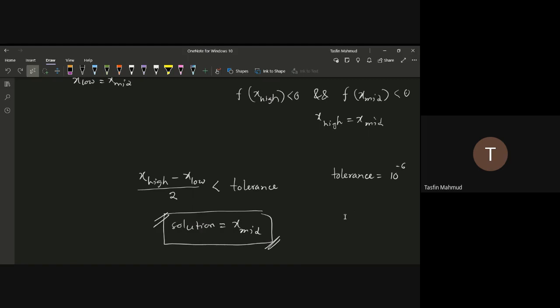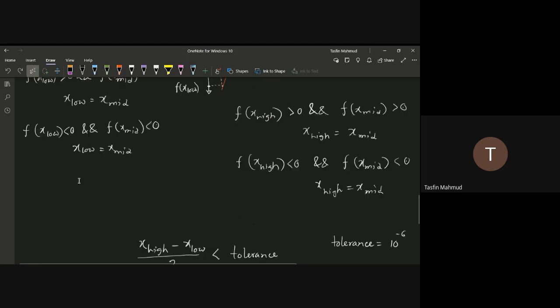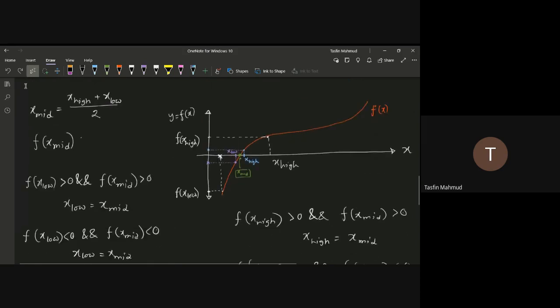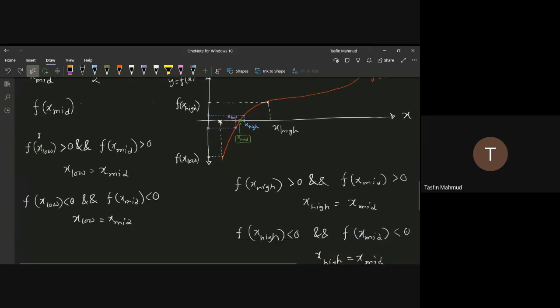সহজভাবে যদি আমি বলতে চাই। সো বটম লাইন ইজ, if I want to say it in 4 lines, first calculate the midpoint and calculate the function value for the midpoint. Then check the sign of the function value, positive or negative, whether it matches with the function value of low or high.